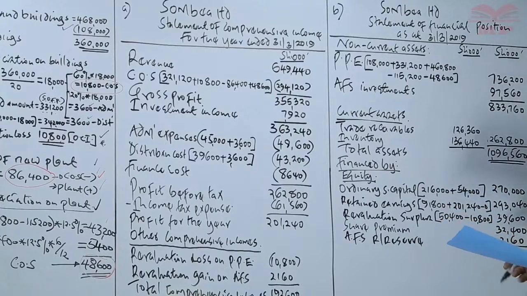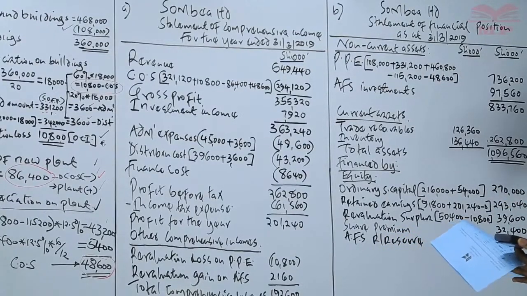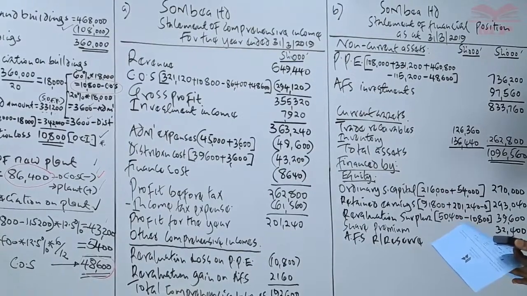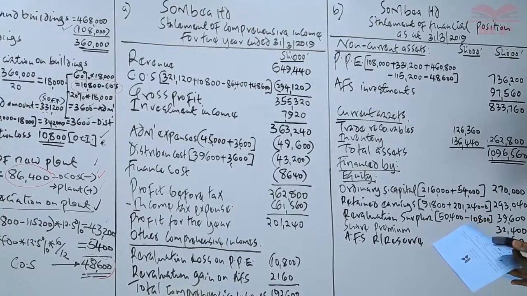So we get the total. We add all that: 270,000 plus 293,040 plus 39,600 plus 32,400 plus 2,160.